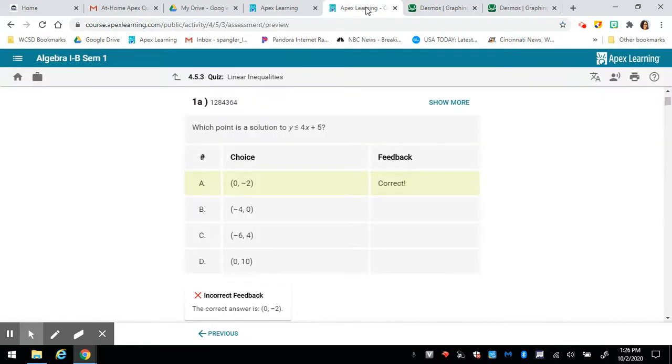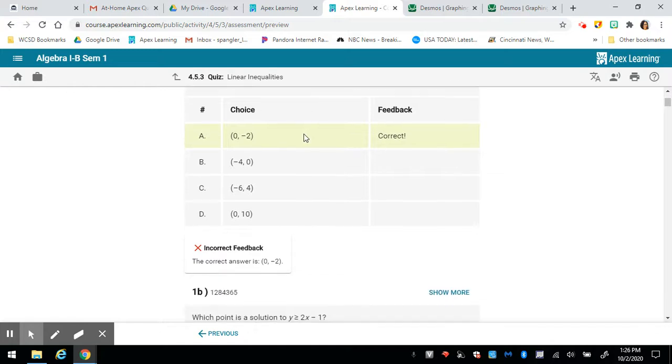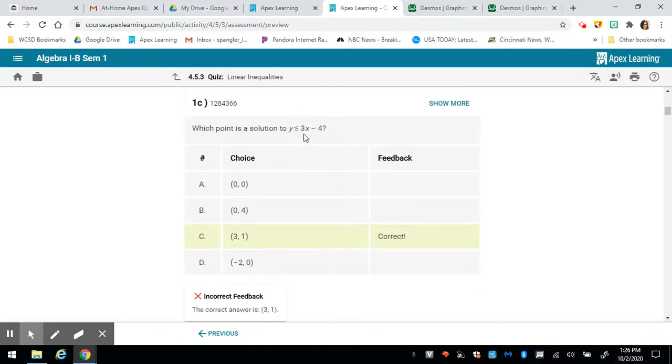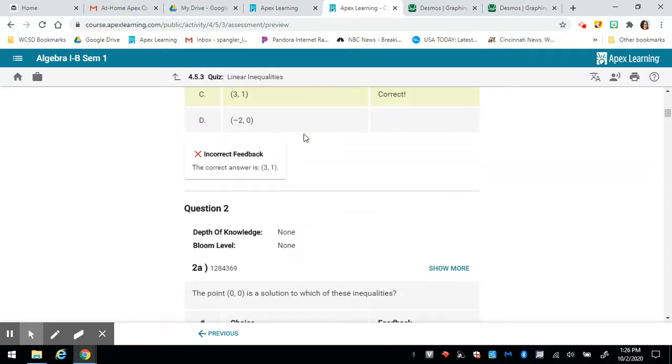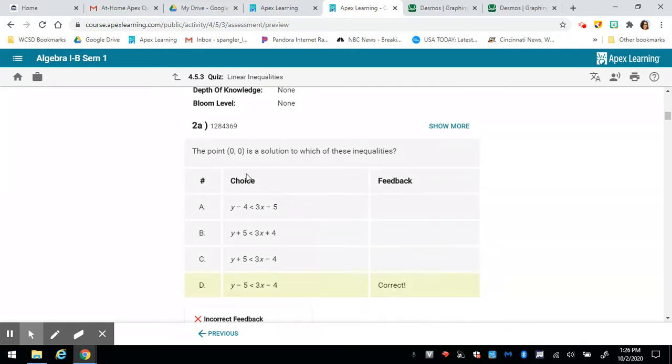So now we're going to go look at this question. Ooh, let's just pull this part up here. Now, another type of question, it's going to give you a point, and then it will give you 4 different equations. So this one, you would have to put all 4 different equations into Desmos, and then see which point would work for which equation.